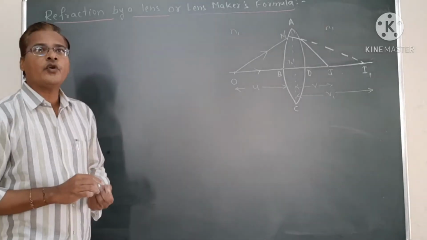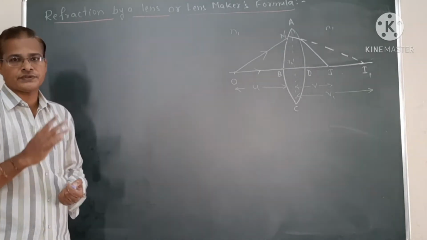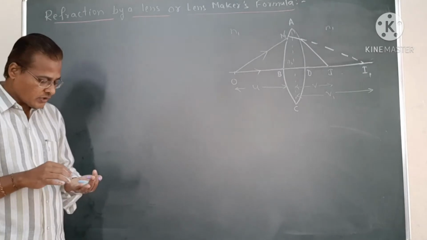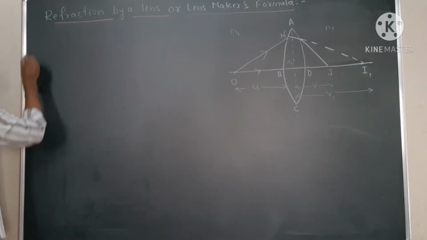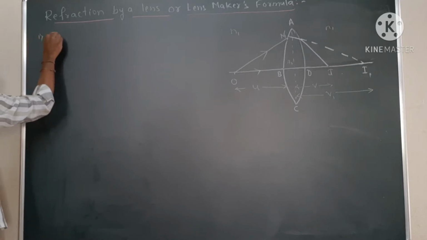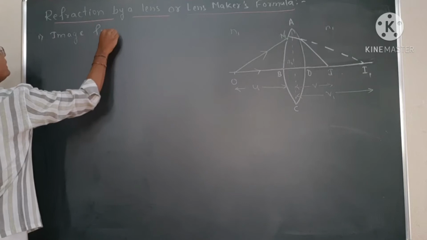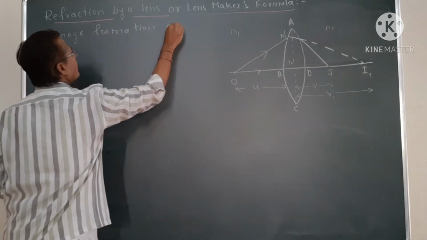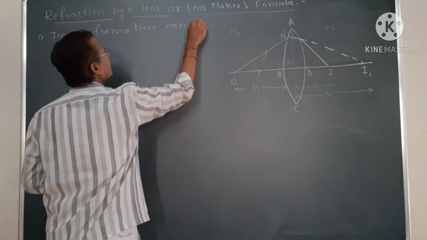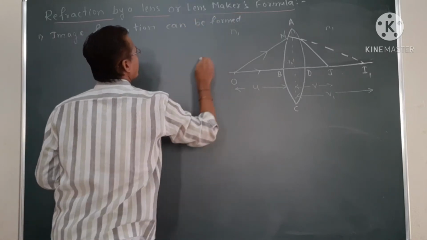So the image formed can be seen in terms of two steps. The image is formed in two steps.